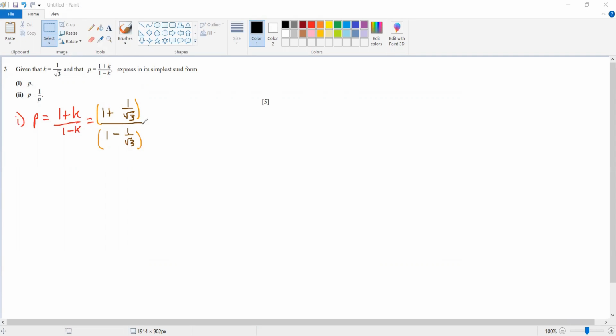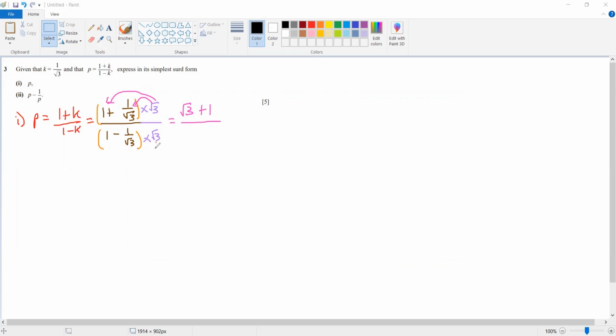A suitable factor essentially means we're just multiplying by 1. Since the factor occurs on the numerator and the denominator, you can just multiply by root 3. Therefore, this simplifies to 1 times root 3, so root 3, then root 3 times this becomes plus 1. This denominator cancels out.